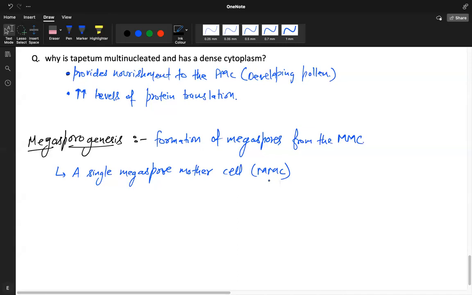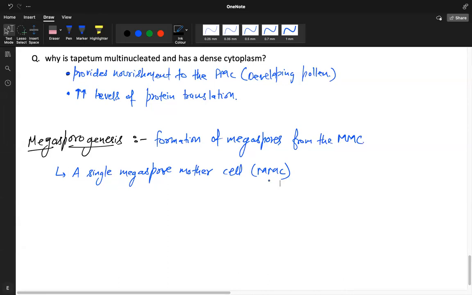Because you have to make a haploid cell to make a gamete, right? The female gametophyte or the female gamete, which is the ovule, is also haploid. Now these sporogenous tissues, here the megasporogenous tissues, are all diploid. So there is only one way to make haploid cells from diploid cells, which is meiosis.